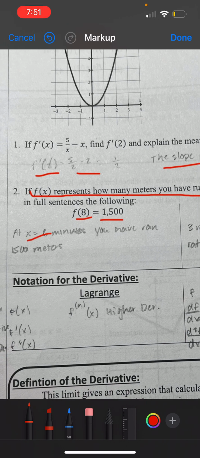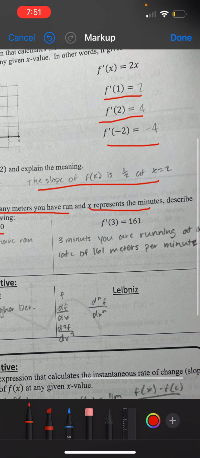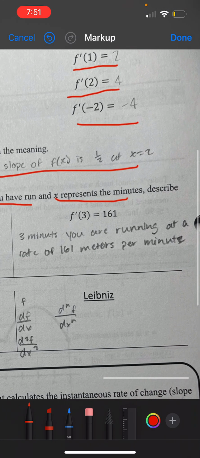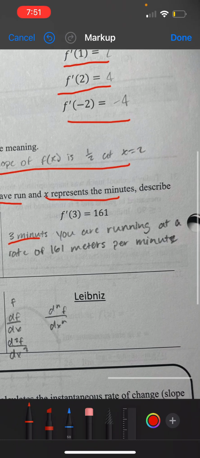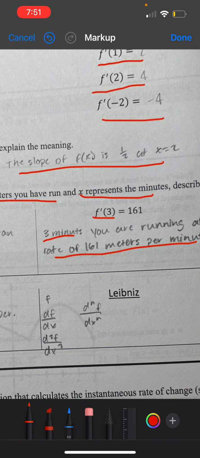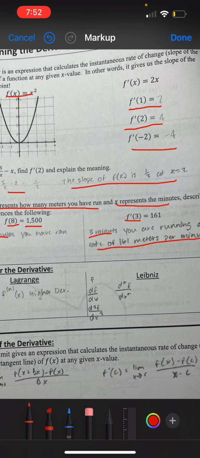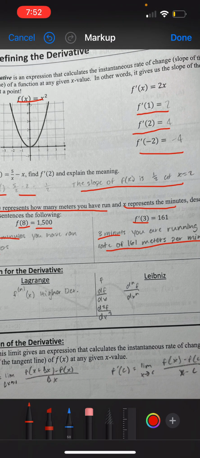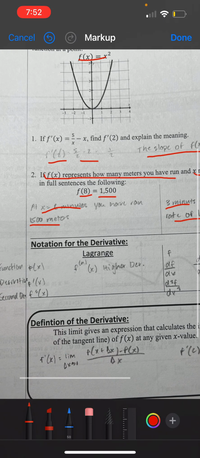So at x equals 8 minutes, I have run 1500 meters, right? Same thing with this one. At 3 minutes, you are running at a rate of 161 meters per minute because of the f prime. It's not like at the specific point, if that makes sense.